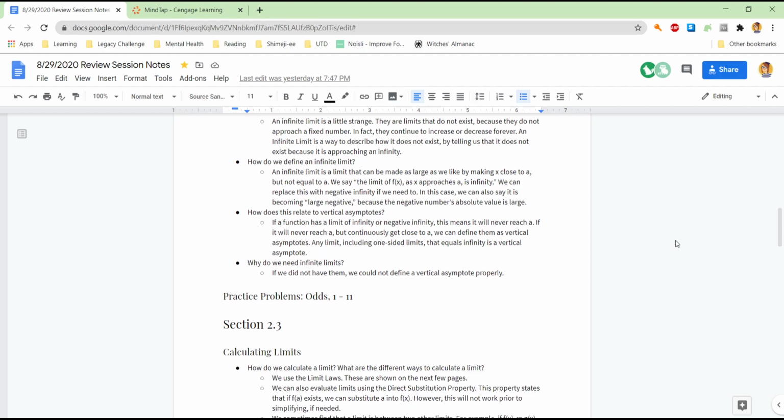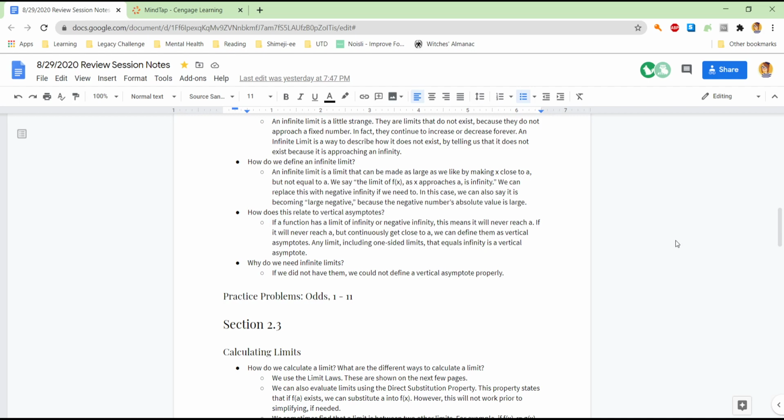This relates to vertical asymptotes because if a function has a limit of infinity or negative infinity, it will never reach a. If it will never reach a, but will continuously get close to a, which it is, we can define them as vertical asymptotes. Any limit, including one-sided limits, that equals infinity is a vertical asymptote.